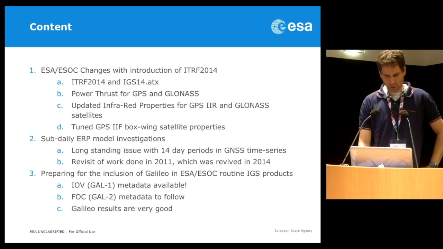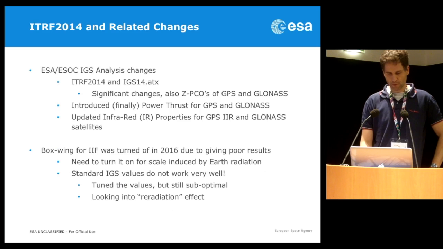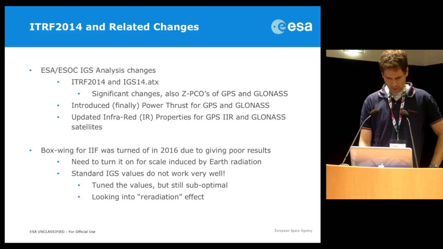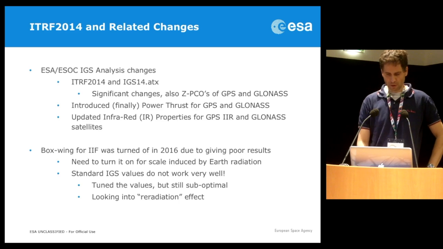So we've done some changes after the switch to the new reference frame and the new Antex file, because we wanted to get our scale closer to the IGS combined scale. So we finally introduced solar radiation pressure for GPS and GLONASS satellites that brought us a little bit closer to the mean scale, but not as we have expected it.